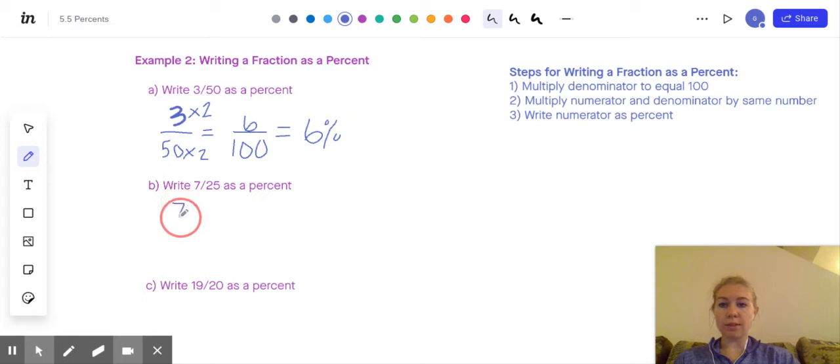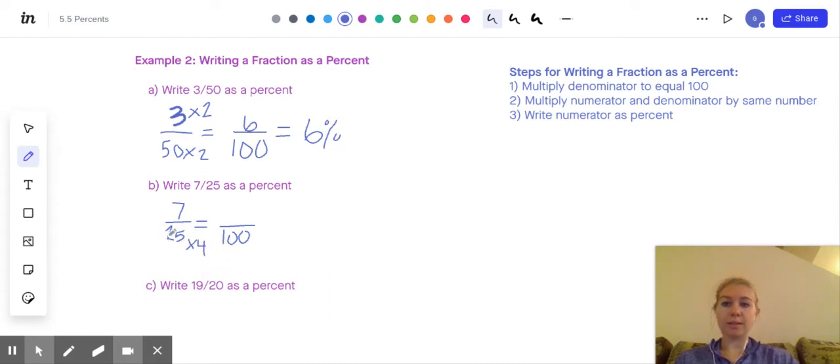So I'm just going to rewrite 7/25ths. And again, we need to find an equivalent fraction where the denominator, bottom number, is 100. I know 25 times 4 is 100.